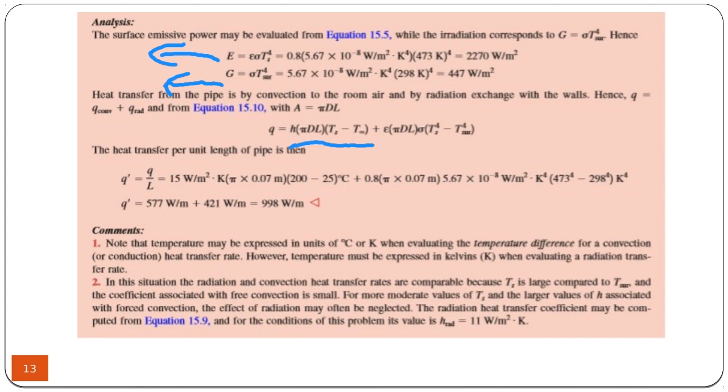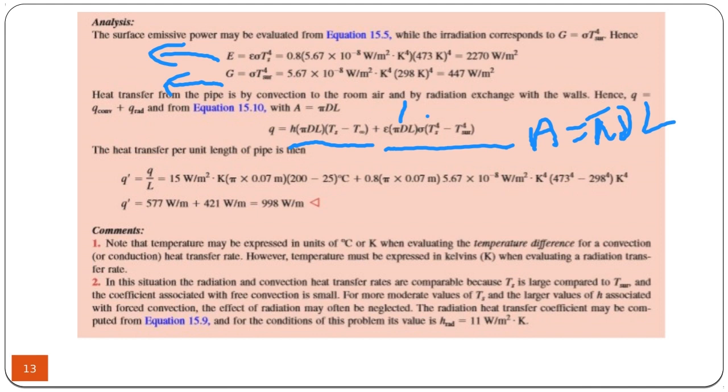So this first part is related to the convective part, the second part is related to the radiative part. Here the area is the side area of the pipe, which is pi times d times L. It's a cylinder, but you are talking about the side area. So h times area times delta T is the convection. Epsilon times area times sigma times the differences of the fourth power of Kelvin temperatures is the radiation.